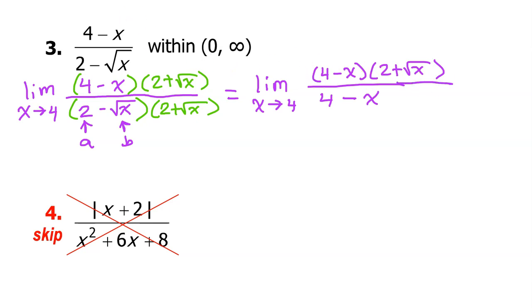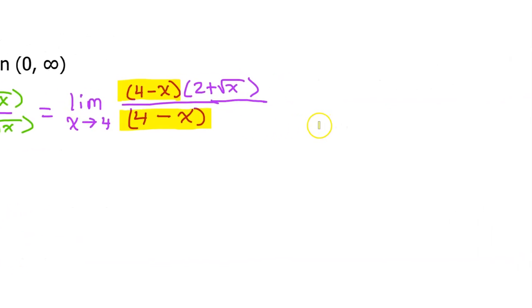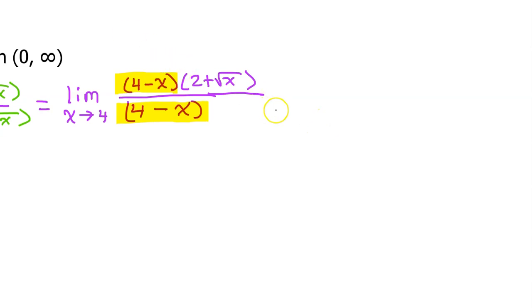But in this form, you can see that we have the same factor in the numerator and the denominator. We have this factor of 4 minus x. So we can cancel out that factor without changing the limit. So we will have the limit as x approaches 4 of, well, it's really just going to be 2 plus radical x.